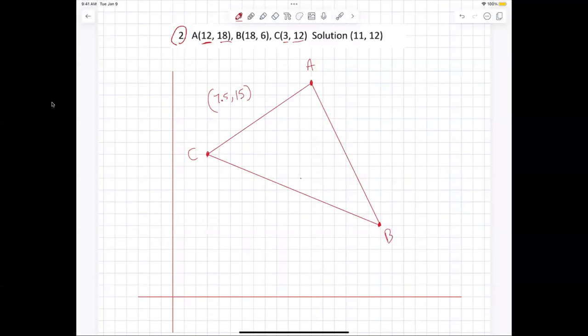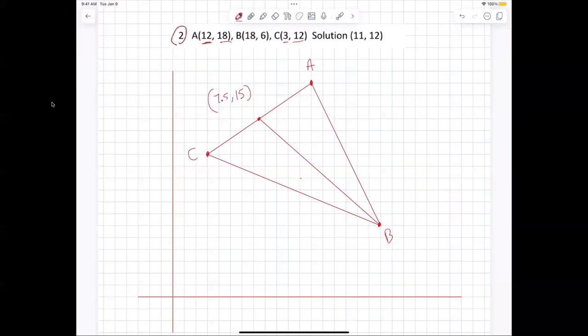All right. So now 1, 2, 3, 4, 5, 6, 7.5 and 15. That looks about right there. Do we agree? Now, if you mark that, now we can just grab from B over to here. Now, the important part is everyone in here should be able to write the equation of that line pretty good.